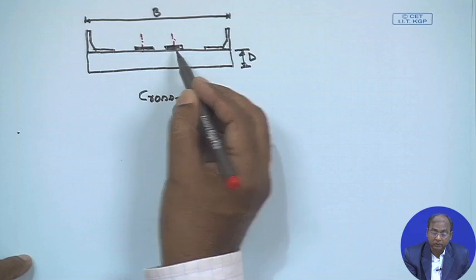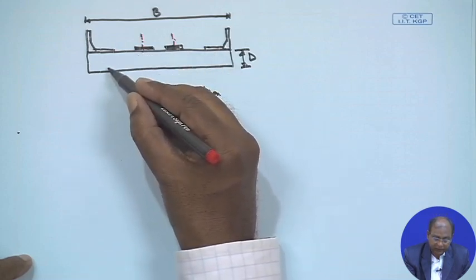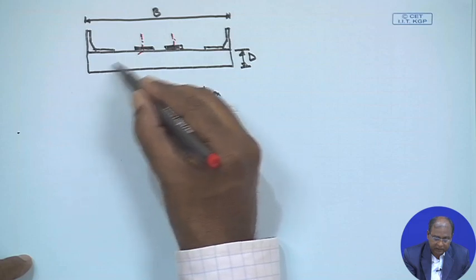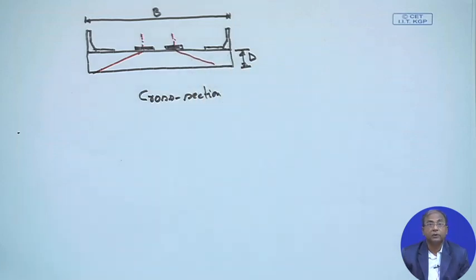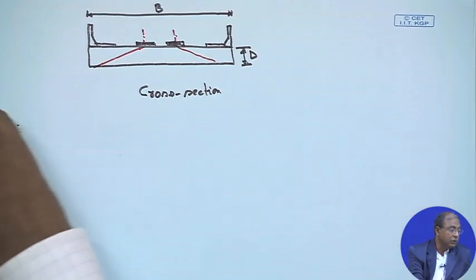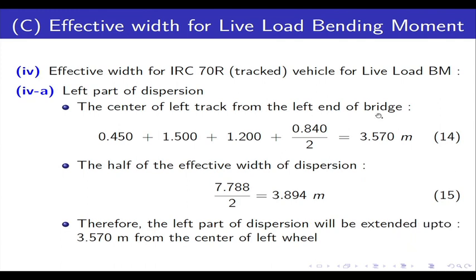From there we can find out how much this length will come. This particular one we are doing here: the center of left track from the left end of bridge.